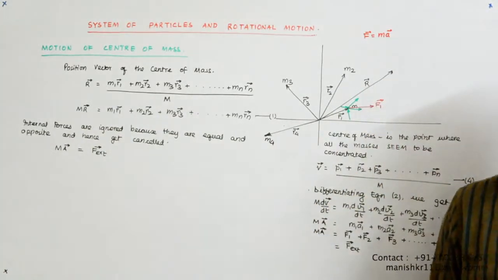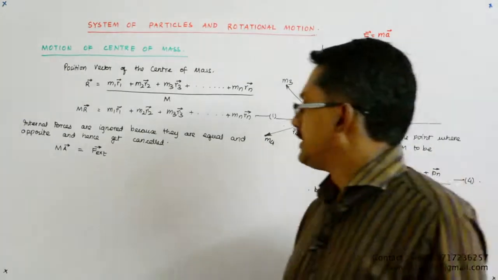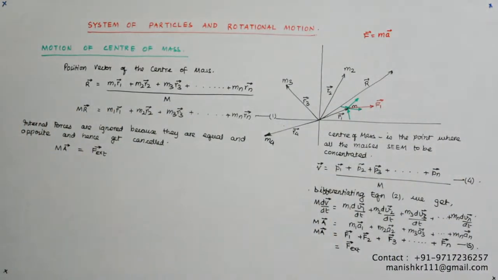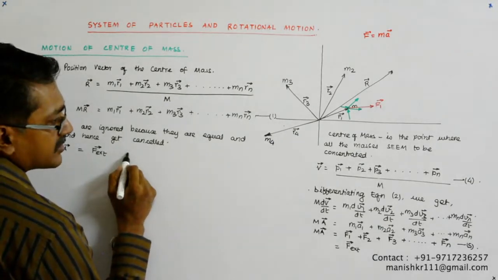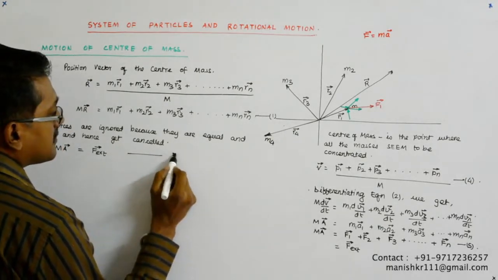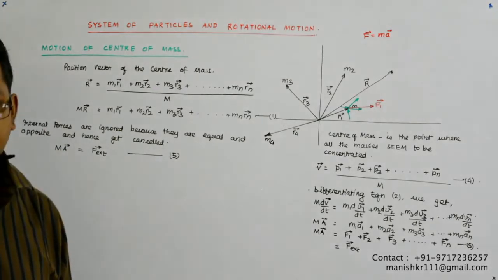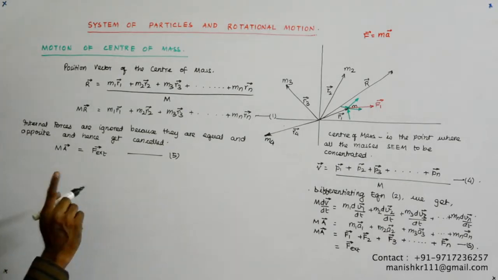Now this equation is really something that you'll feel is so advantageous to you. What does it say? It says that, just a second. Sir, does that mean all the masses are equal? It's not that. No. Hold on.